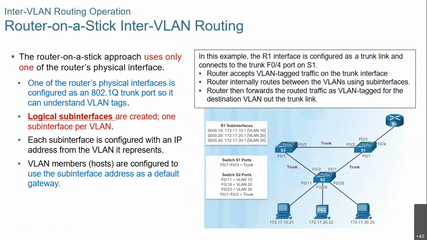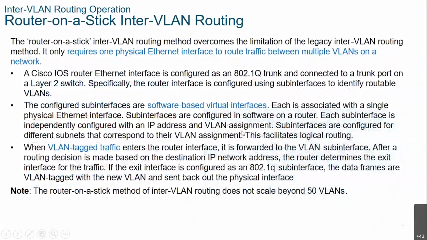So VLAN members are configured to use the sub interface address as the default gateway. So for the VLAN here, this 10.21, it will use 10.1 as its default gateway. So once you have sub interfaces, when all of the different VLANs come to this physical interface, it will look at the tag to determine which sub interface it will use.